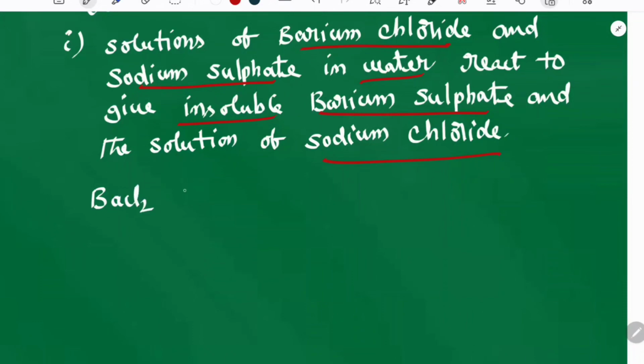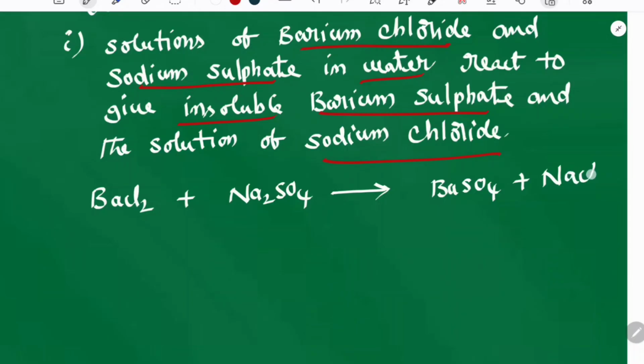BaCl2 and sodium sulfate, which means Na2SO4, gives rise to barium sulfate BaSO4 plus NaCl. So here which is more?